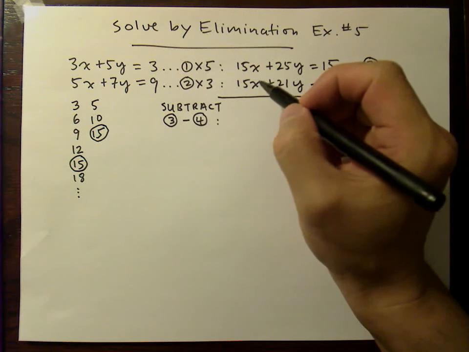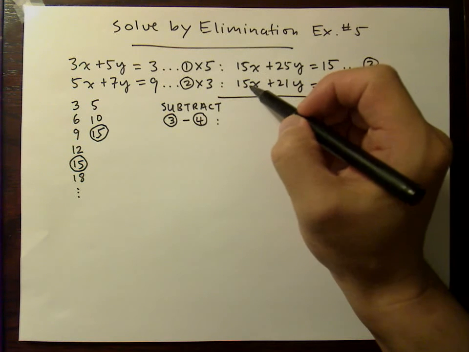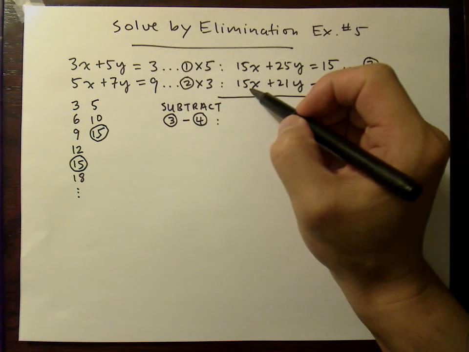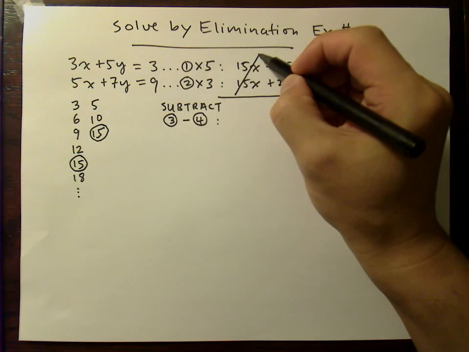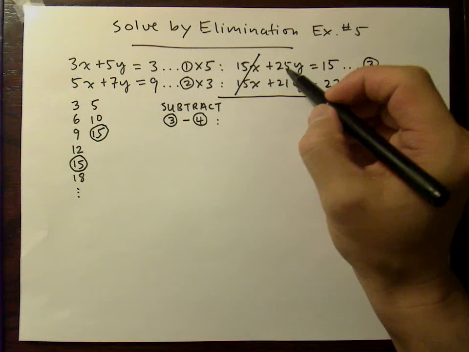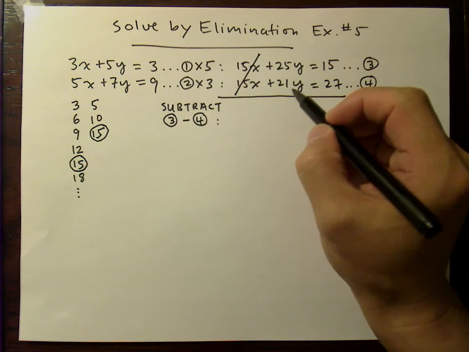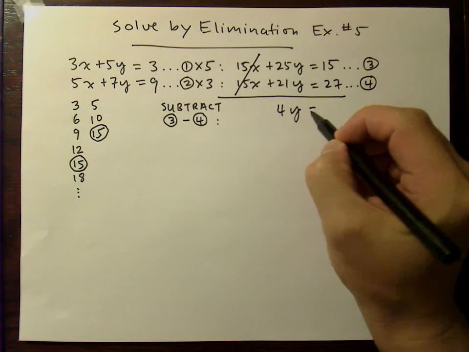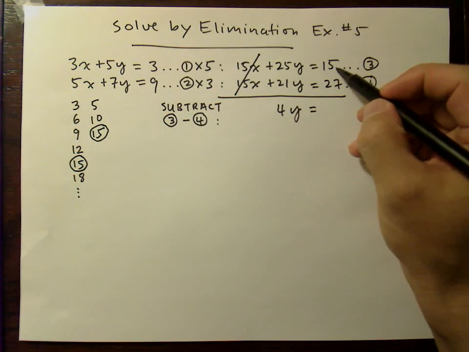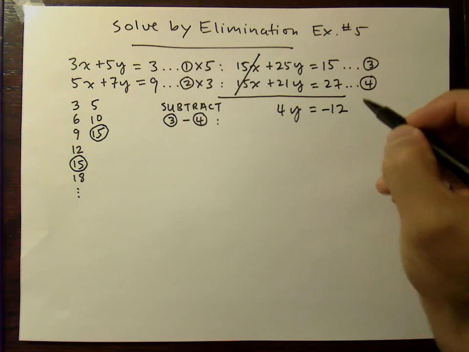So in order to be able to eliminate, we need to subtract. So let's do that. 15x subtract 15x is 0, which means these terms are eliminated. Next, 25y subtract 21y gives us 4y, which is equal to 15 minus 27, which is negative 12.